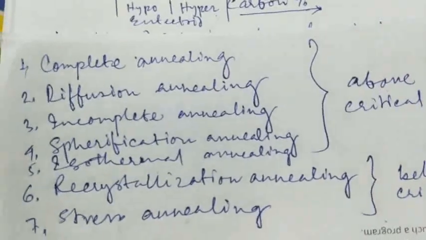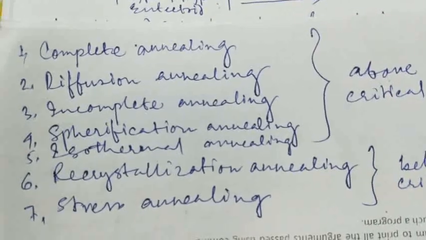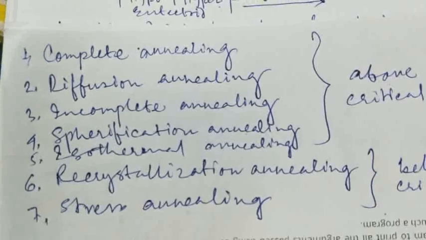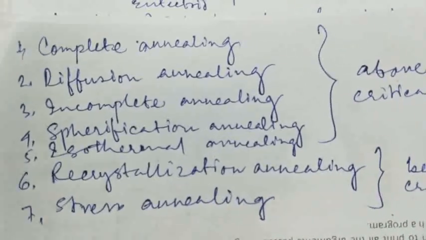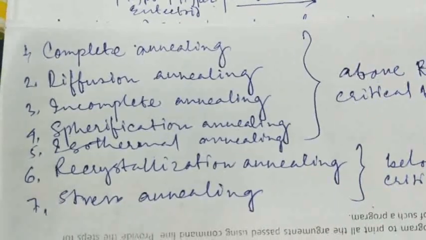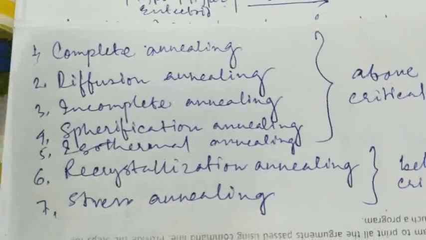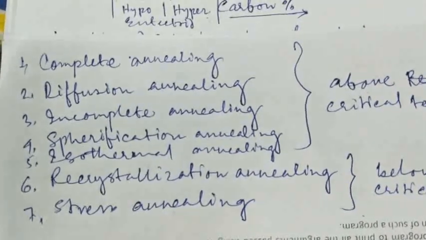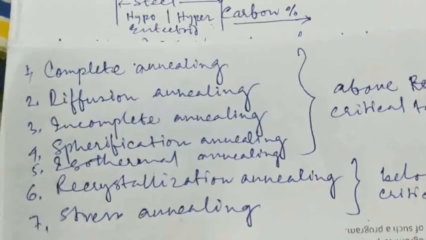The processes are complete annealing, diffusion annealing, incomplete annealing, spherification annealing, and isothermal annealing. These 5 types of annealing process are done above the critical temperature. And next, recrystallization annealing and stress annealing are done below the critical temperature.